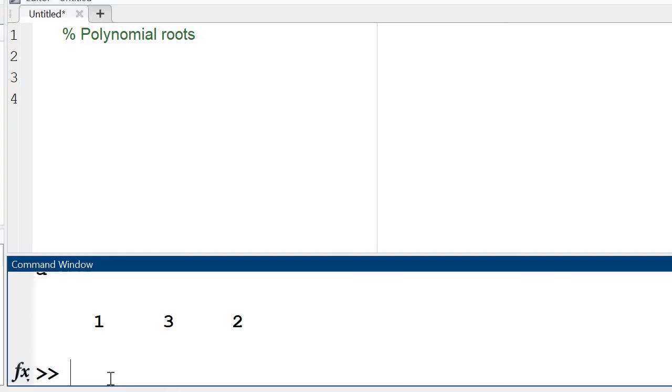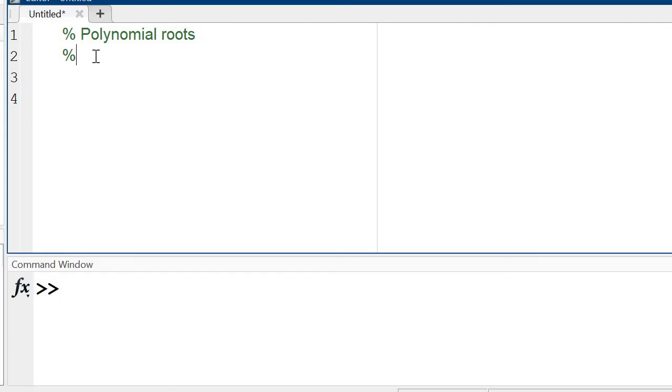Now for clearing the command window, use the CLC command. Type it, percentage. Now the roots are in the form of complex. Complex means real and imaginary. Minus 0.5, plus this is real, and after that the imaginary value I am taking with the help of the iota function, or we can say the j operator.